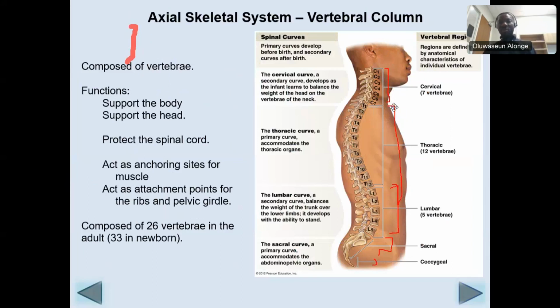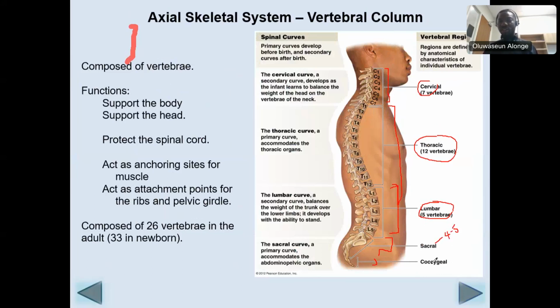Now, the idea is this. Yes, there are 7 cervical, 12 thoracic, and a student told me a way to remember it: you eat breakfast at 7, you eat lunch at 12, you eat dinner at 5. Now, the sacrum is 1 in adults, but it used to be about 4 to 5 bones in developing children, in newborns.